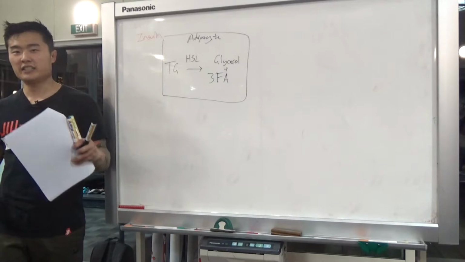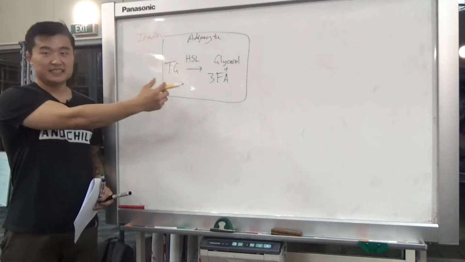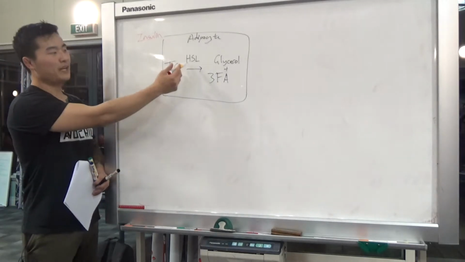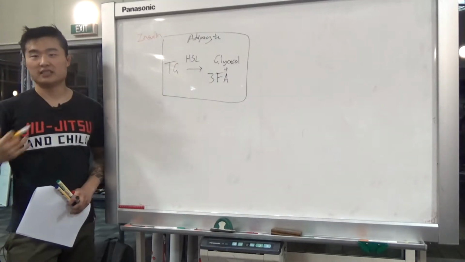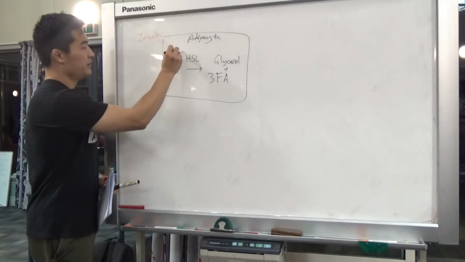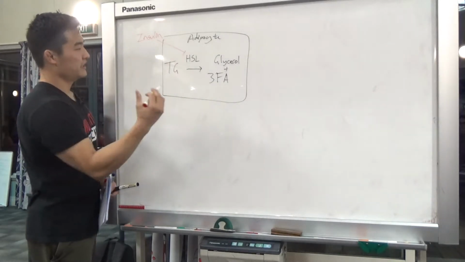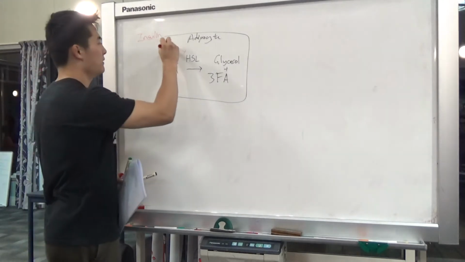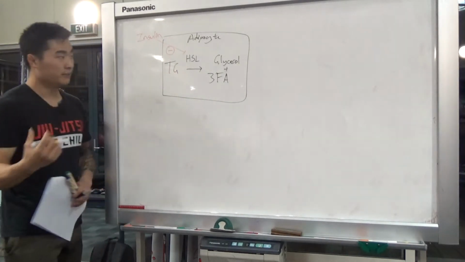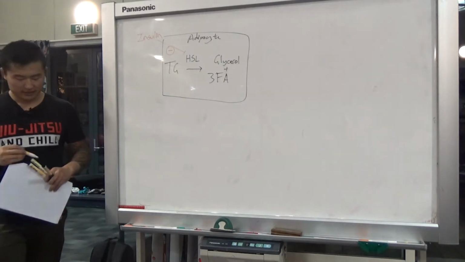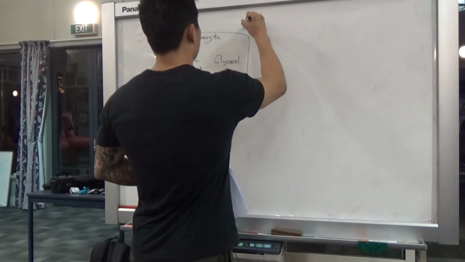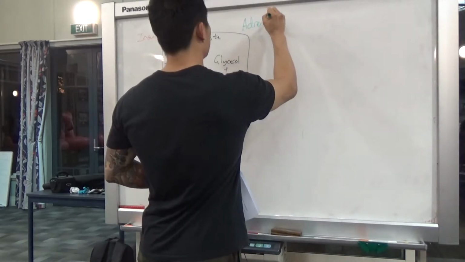And if you have a lot of sugar in your blood, do you need to have fatty acids? No. So insulin will tell hormone-sensitive lipase, we have a lot of glucose available, so we don't need you to be working so hard. So you can just quiet down, and it's going to inhibit hormone-sensitive lipase.